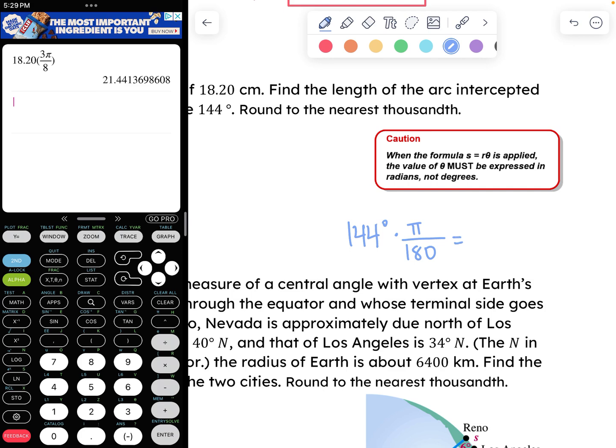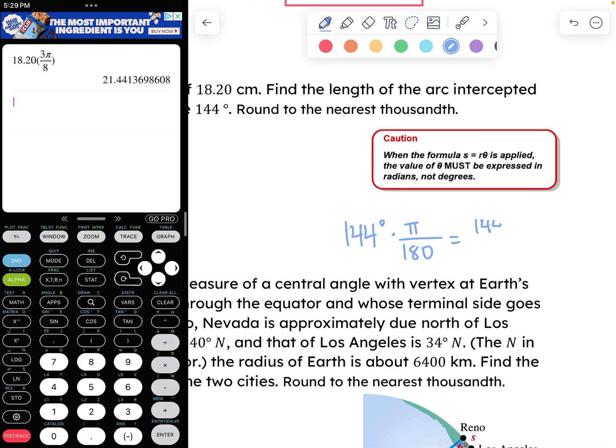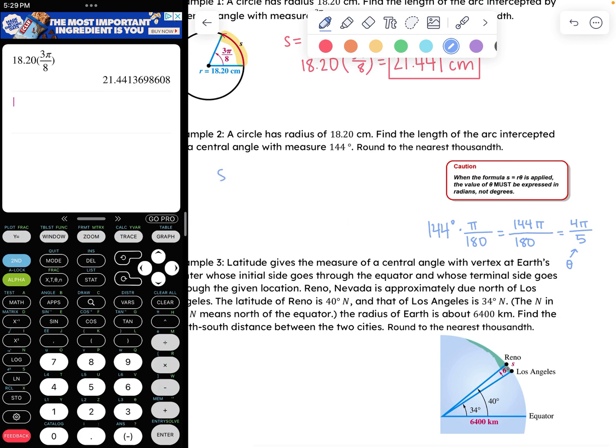So when I do that, I get 144 pi over 180, which simplifies to 4 pi over 5. That is the theta I can then plug into my formula. So when I have S is equal to R theta, I would have 18.20 times 4 pi over 5.